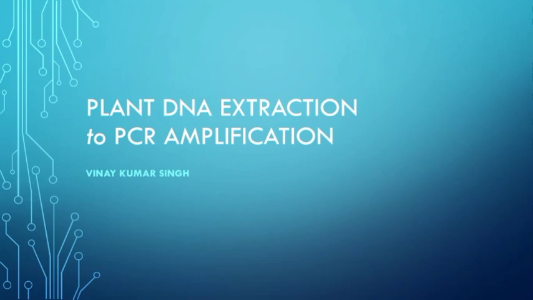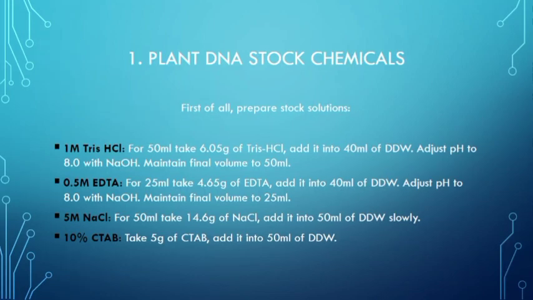Okay, so the first thing you need to do is prepare the plant DNA extraction stock chemicals. First of all, you should prepare stock solutions, because you do not want to measure large amounts of chemicals or adjust pH every time.